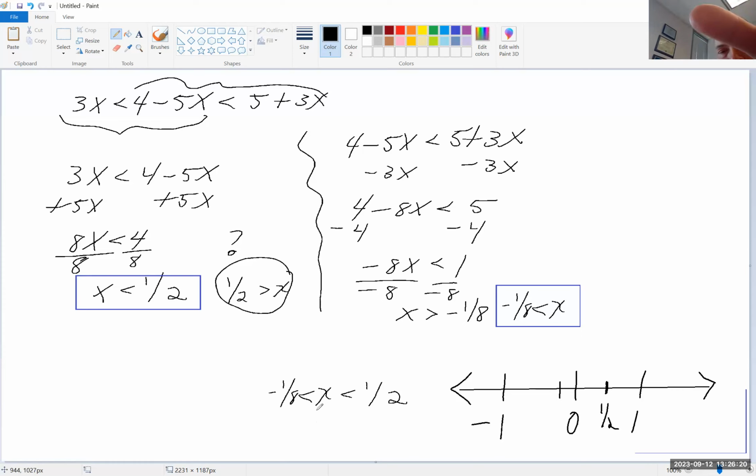And notice that these are strict inequalities. In other words, there's no equal in them. So I am going to use open circles. An open circle there and an open circle here to show my answer.